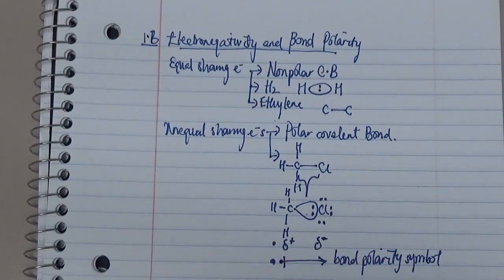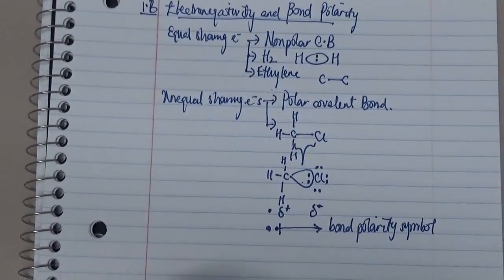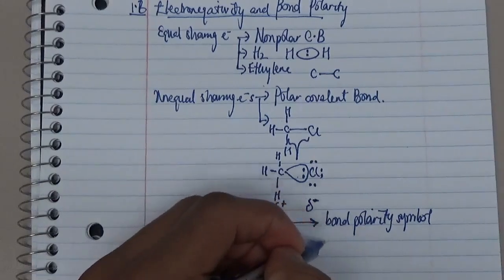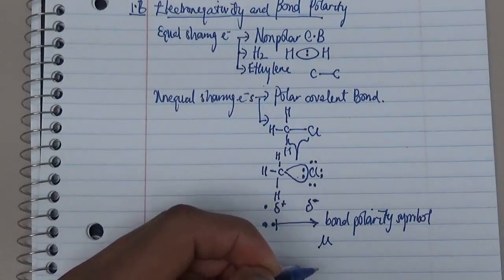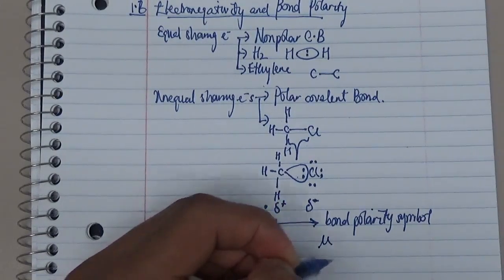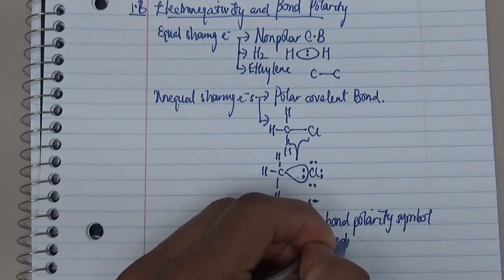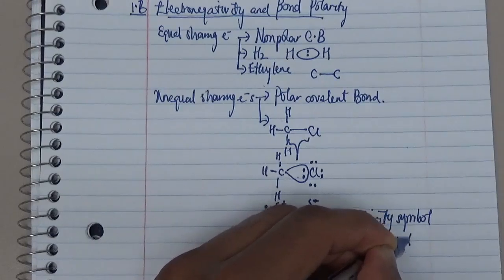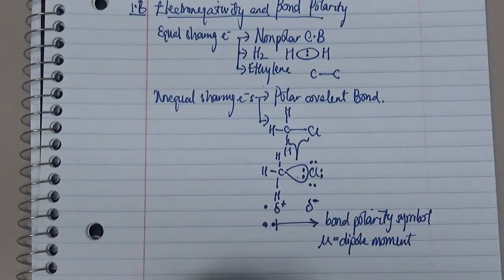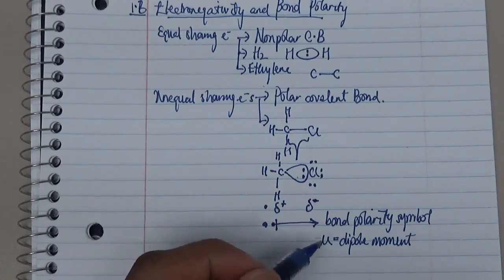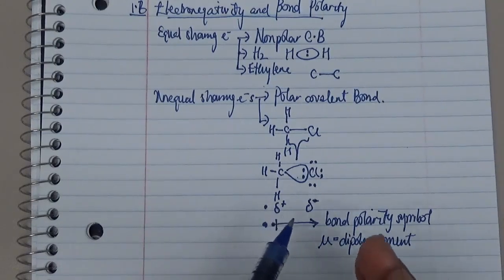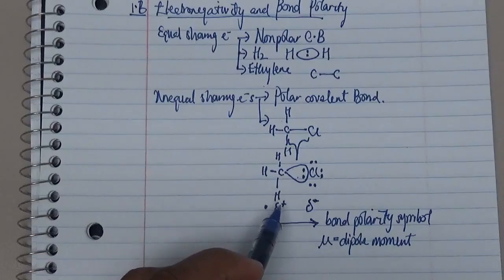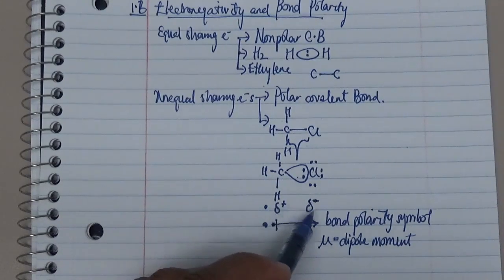This bond polarity has a unique abbreviation, which is mu, where mu is known as the dipole moment. The dipole moment looks at the amount of charge present in this bond, either a positive charge, a negative charge, or a partial charge.